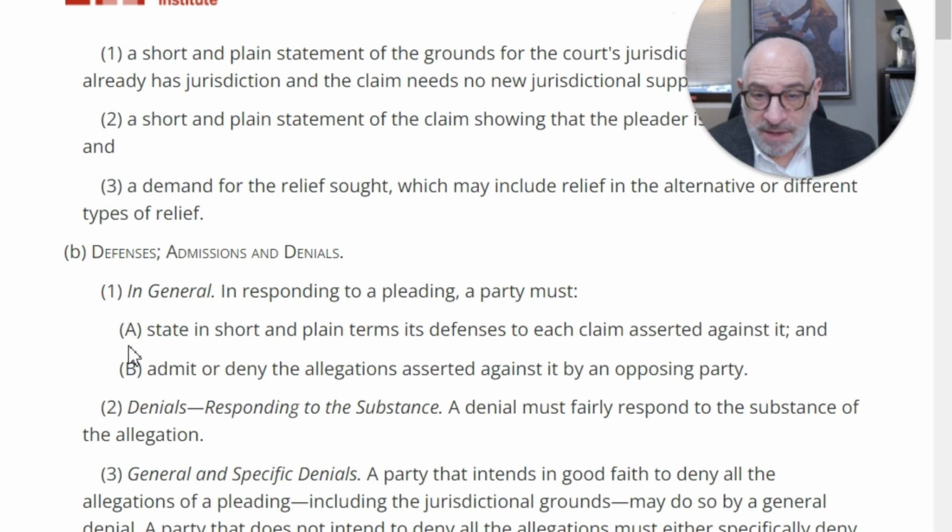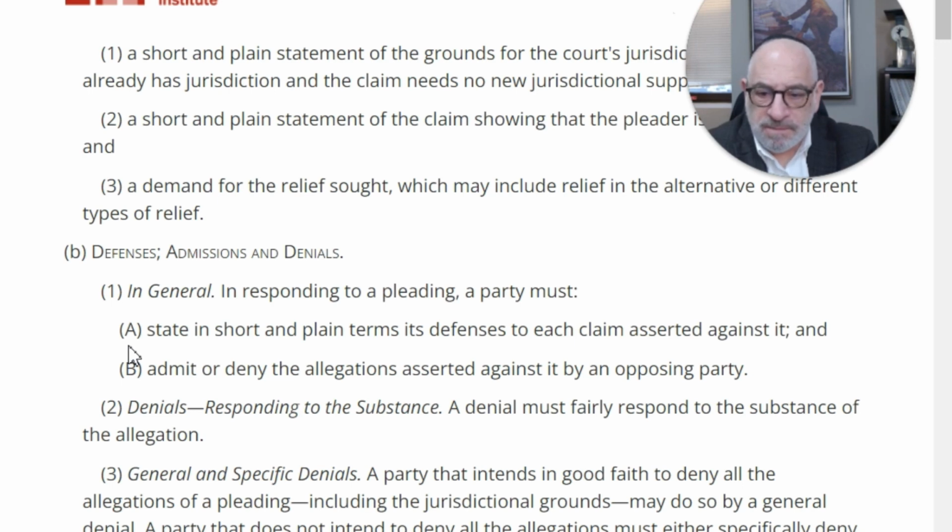Everything you say, I deny, but that has to include everything, including that there's jurisdiction over you. You never see this. Sometimes in state court practice, even then, very, very rare.